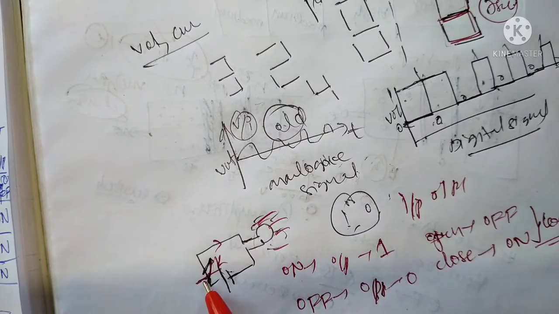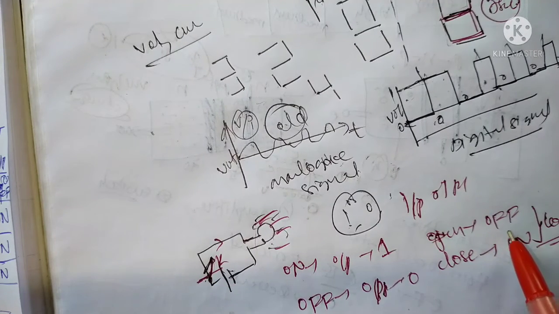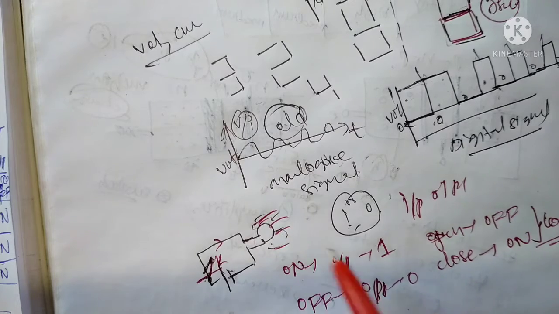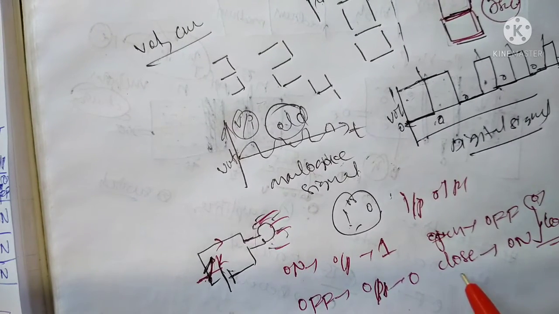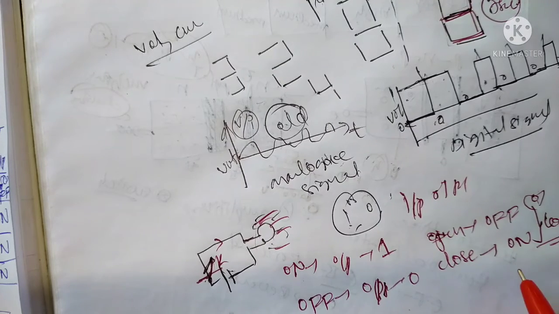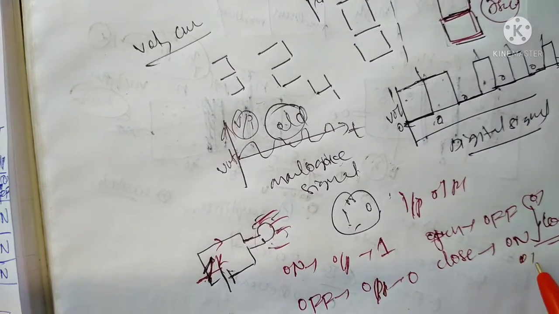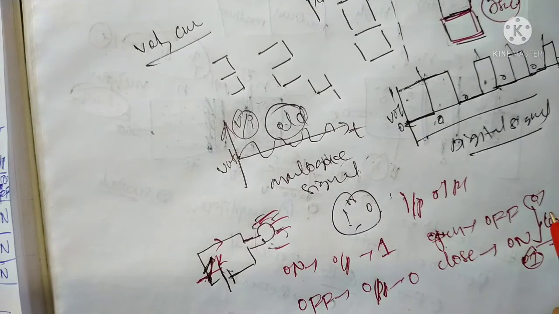When the switch is open, that is the off state, the light is not coming. Off state means 0 in the digital form. The closed state means on state, and on state means the light is coming. That gives output 1. That is the input, and this is the output in the logic gates.